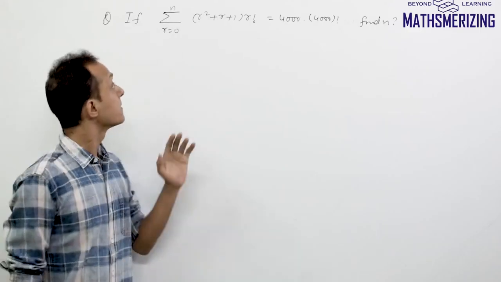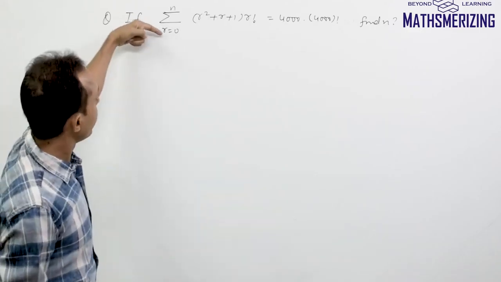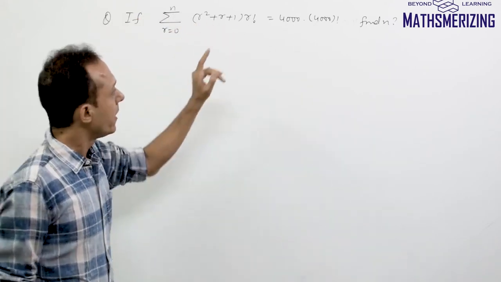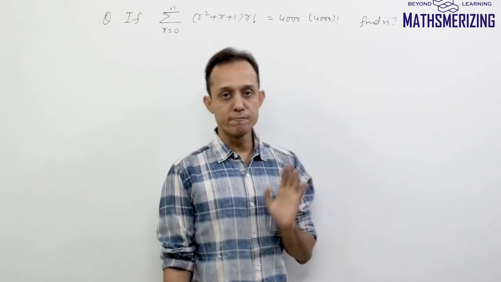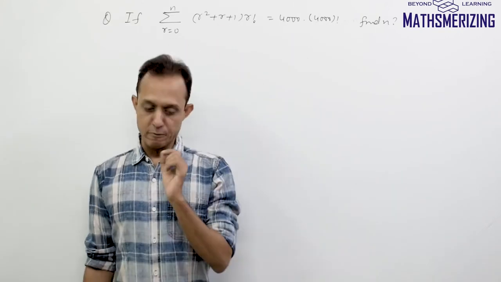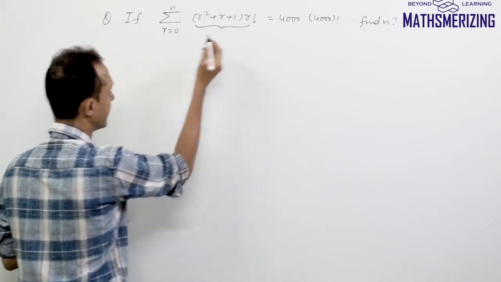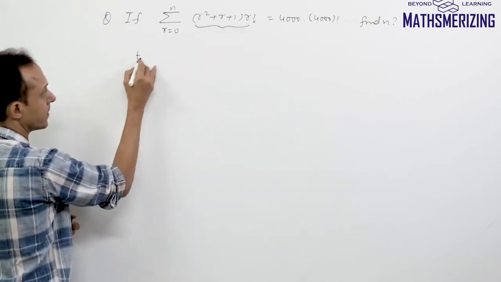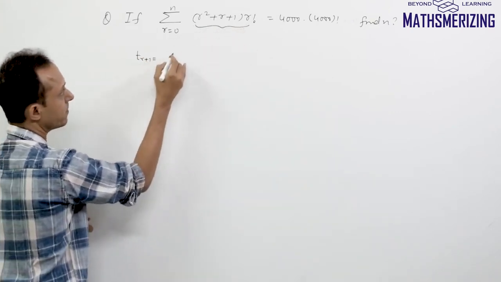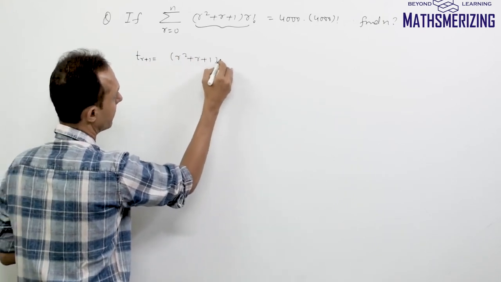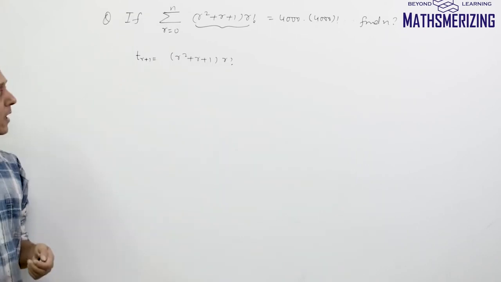So now the question is, if summation r varies from 0 to n, r square plus r plus 1 into factorial r is equal to 4000 into 4000 factorial, find the value of n. So again what I'll do is, I'll write the general term, and I'll say maybe this is the r plus 1th term, and this is r square plus r plus 1 into factorial r.